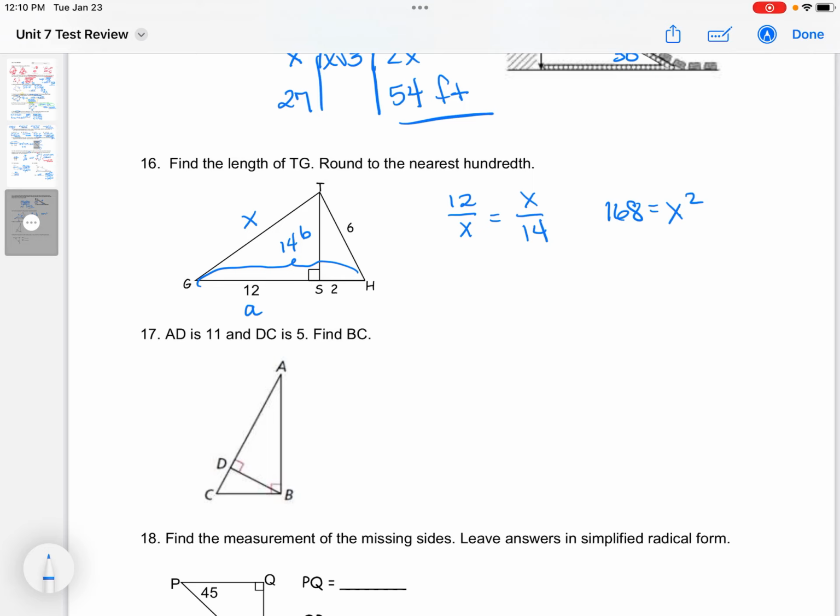And I'm going to square root it. And I'm going to get 12.96.